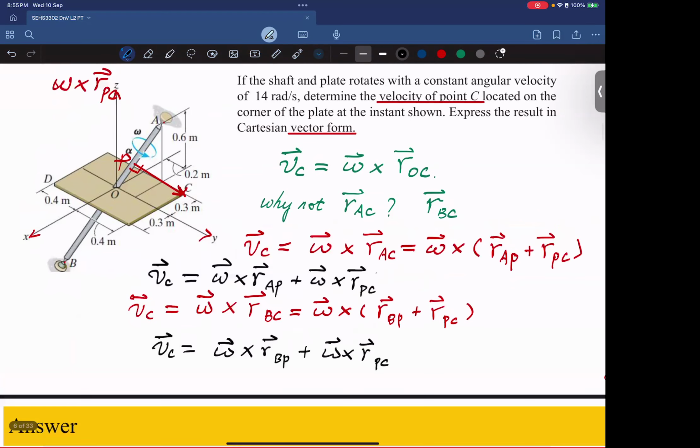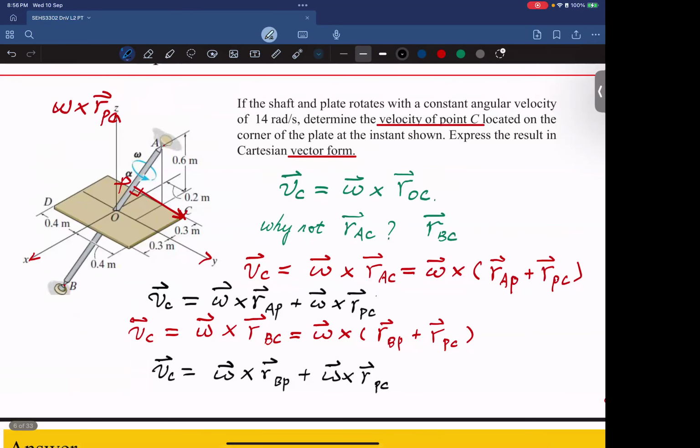For one thing, omega must lie on the axis or shaft, right?